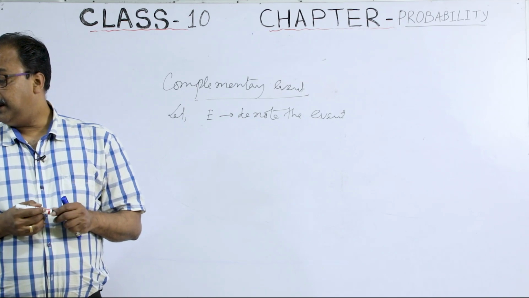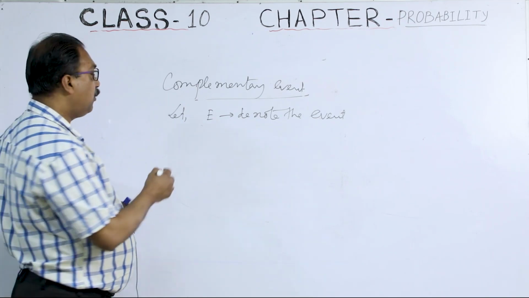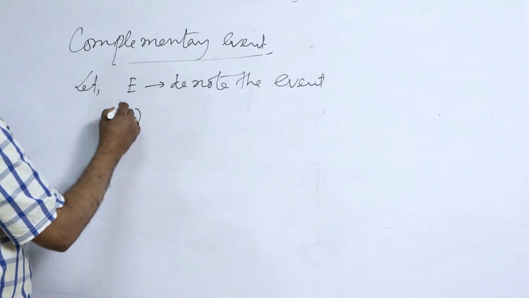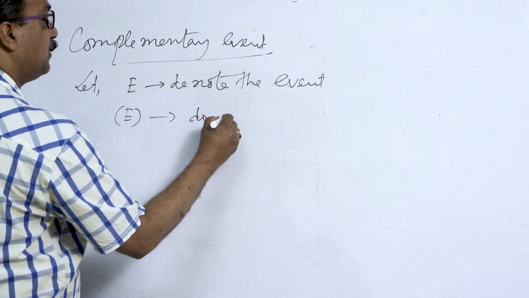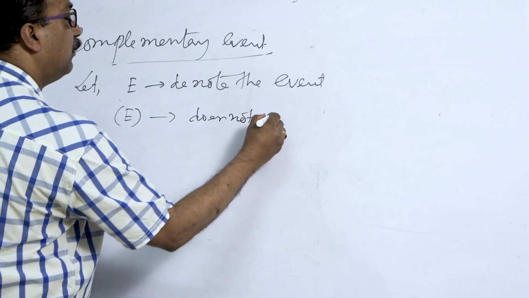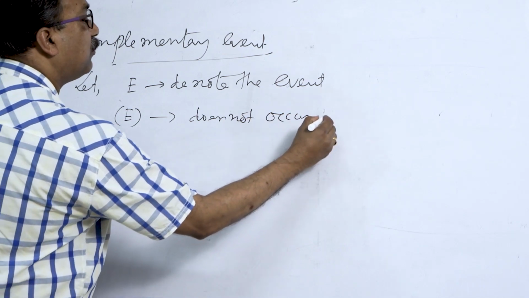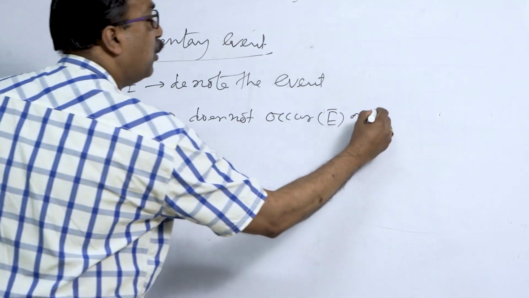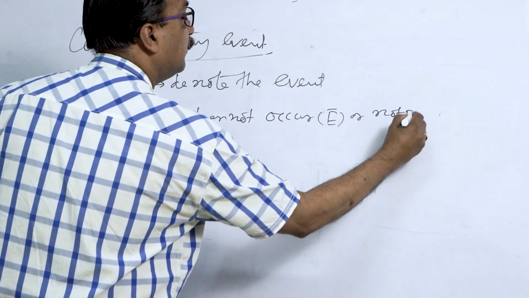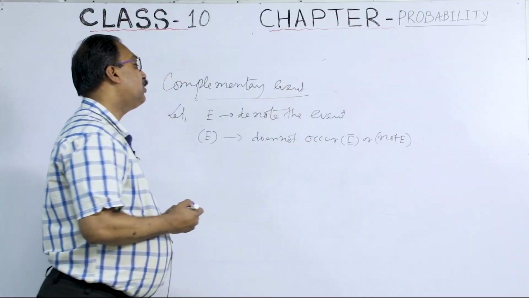Clear? Then E does not occur. If E does not occur, we get E bar, or we can say not E. You can say either not E or E bar.